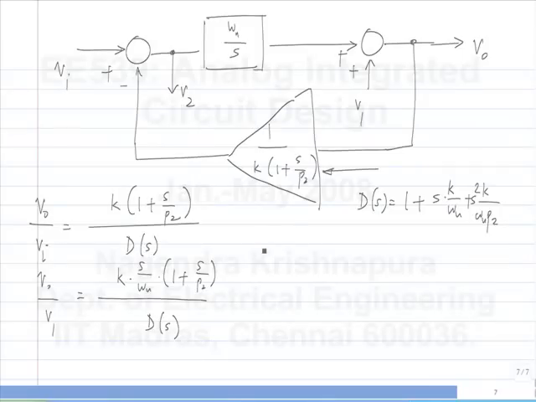And what is V2 by V1? So I'd like answers from this side of the class. I think it's been too inactive for too long. What's the answer? What is V2 by V1?